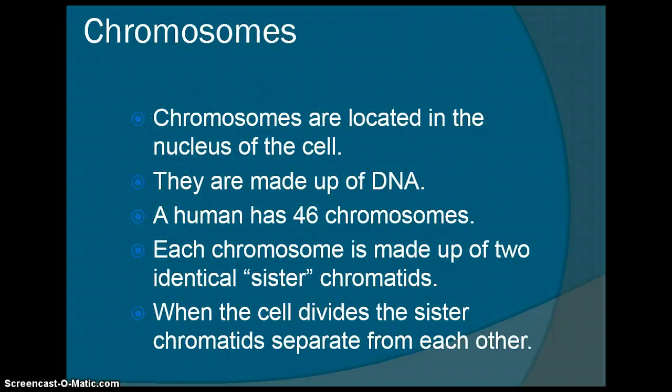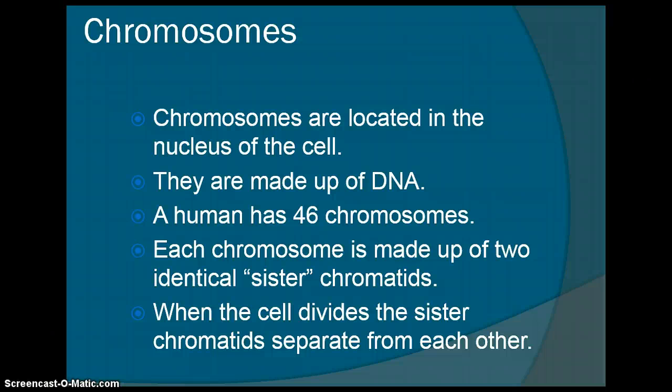All right, this last little section that we are going to cover today deals with chromosomes. Chromosomes contain the DNA, and remember that in cell division and in the cell cycle, we need this replication of the DNA. So let's focus a little on what this DNA actually is. Chromosomes are located in the nucleus of the cell.